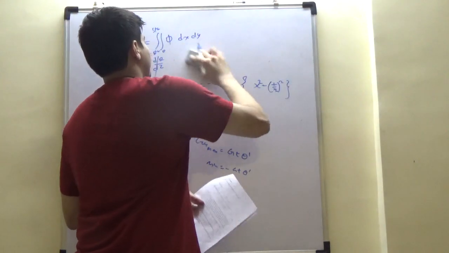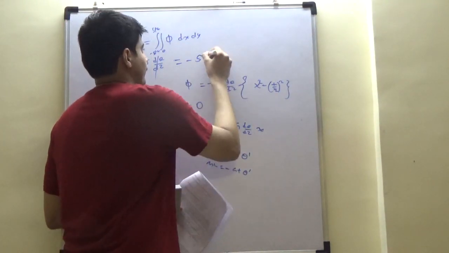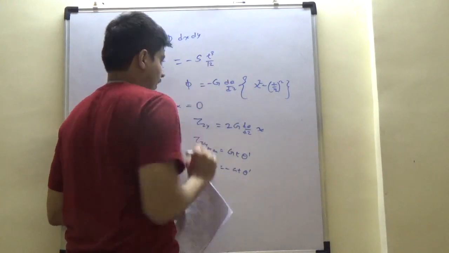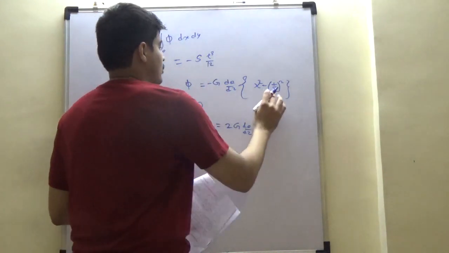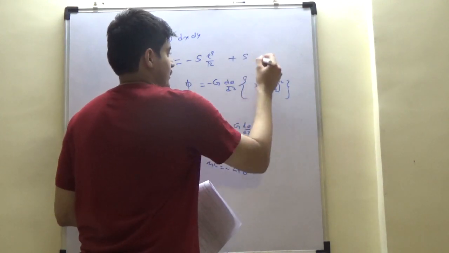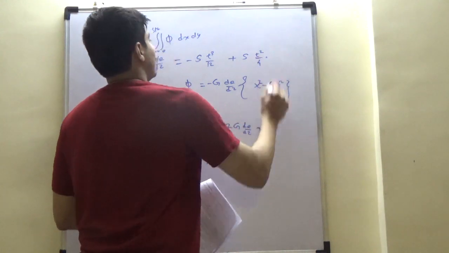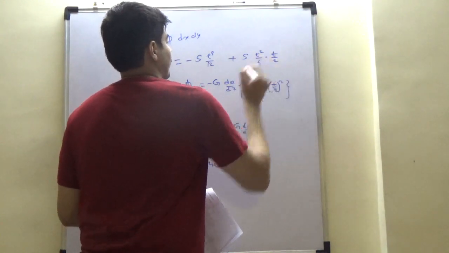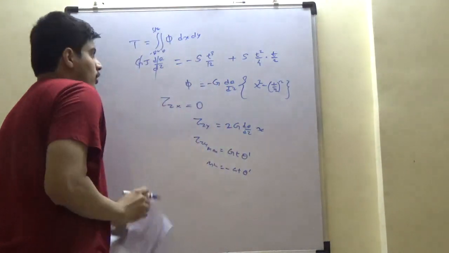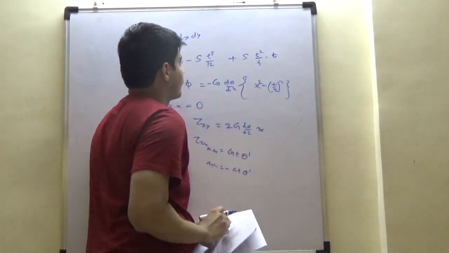So this will become minus of s t cube by 12. This constant term is not yet gone. It is plus s t square upon 4 into t by 2, because one x is going to come, which t by 2 minus minus t by 2 is going to give me t.